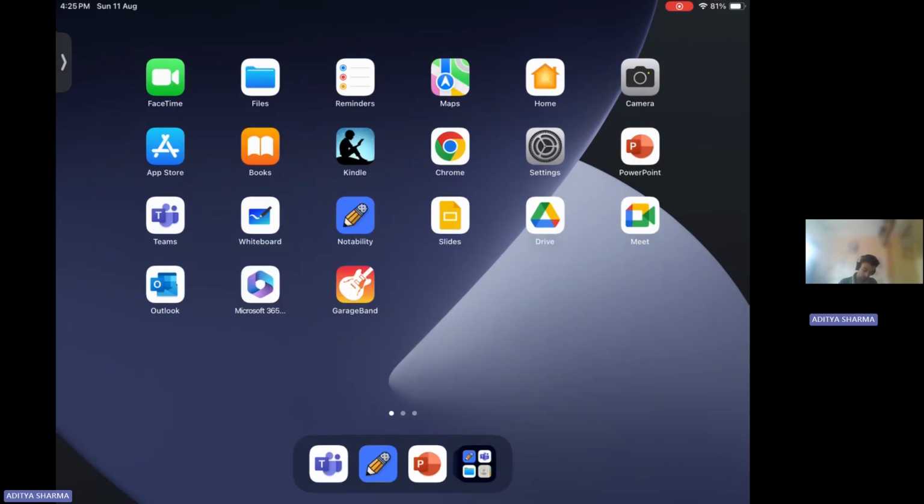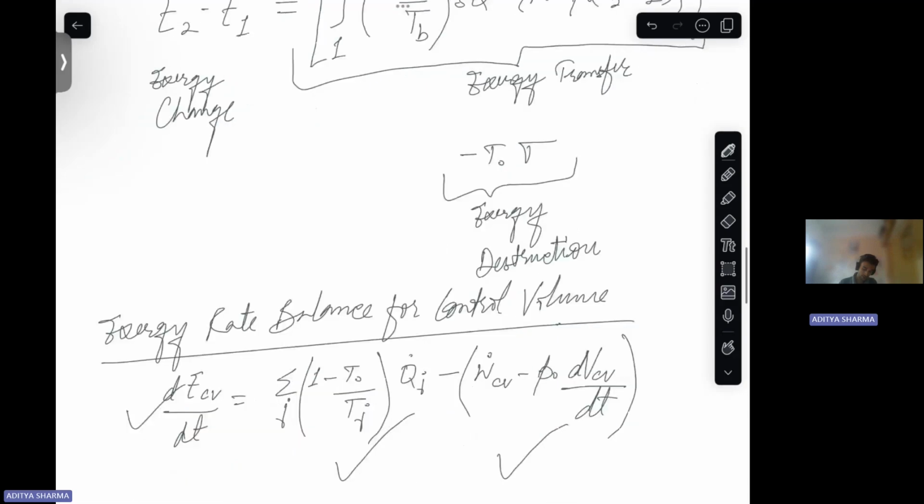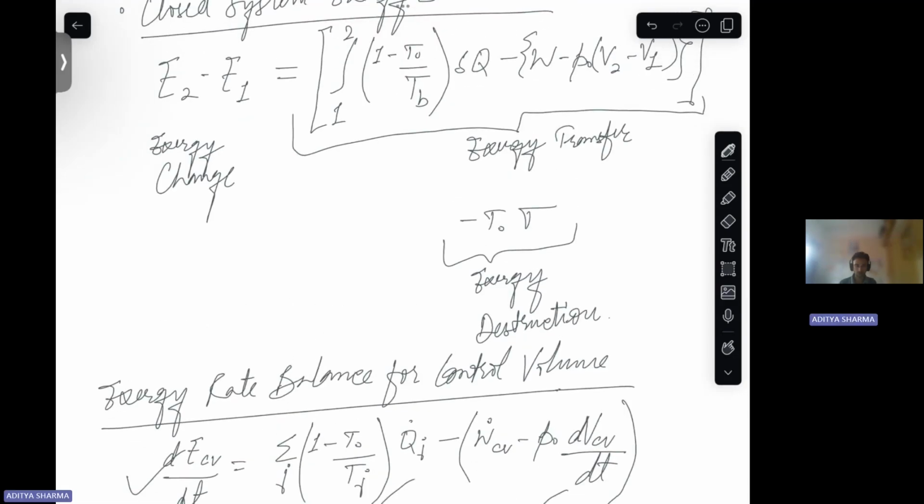So what does an irreversibility do? First, we need to know this, right?